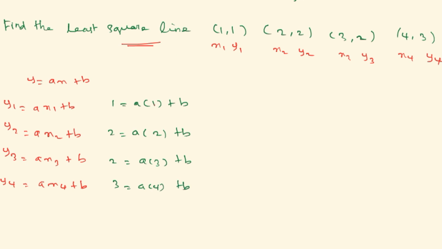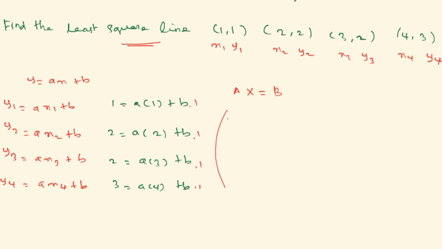Now from the system of equations you may form the matrix form Ax equal to B. So take the coefficients alone. Here a and b are unknown variables. The corresponding coefficients are 1, 1, 2, 1, 3, 1, 4, 1, since b is multiplied by 1 each time.